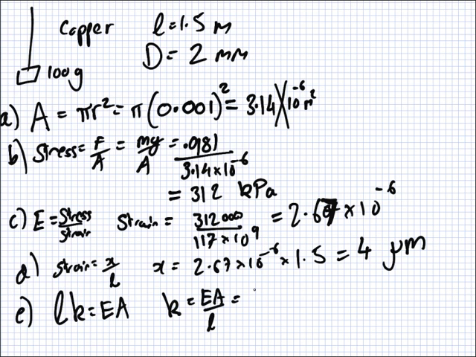So that will be 117 times 10 to the 9 times 3.14 times 10 to the minus 6 over 1.5 equals 245. But 245? 3 zeros.